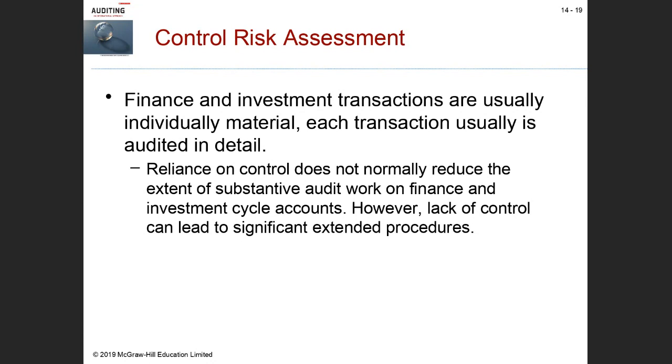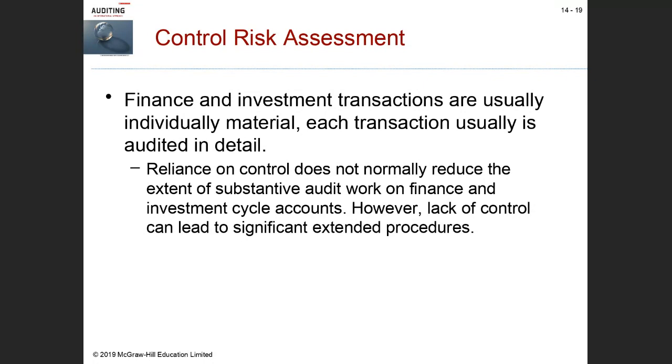So if we're going to do substantive procedures anyhow to verify a balance, whether it's an investment balance or a financial capital balance, why rely on internal control? That would be a waste of time, right? So normally, in most audits, the finance and investment cycle does not rely on internal control at all, because the transactions are few and each one normally is material.